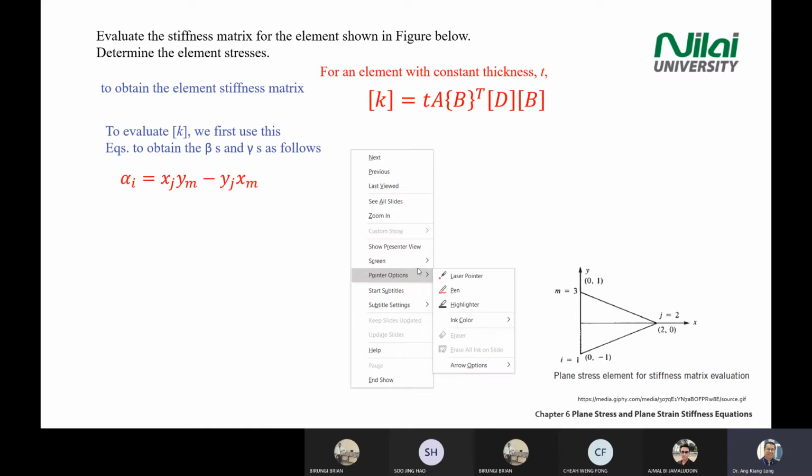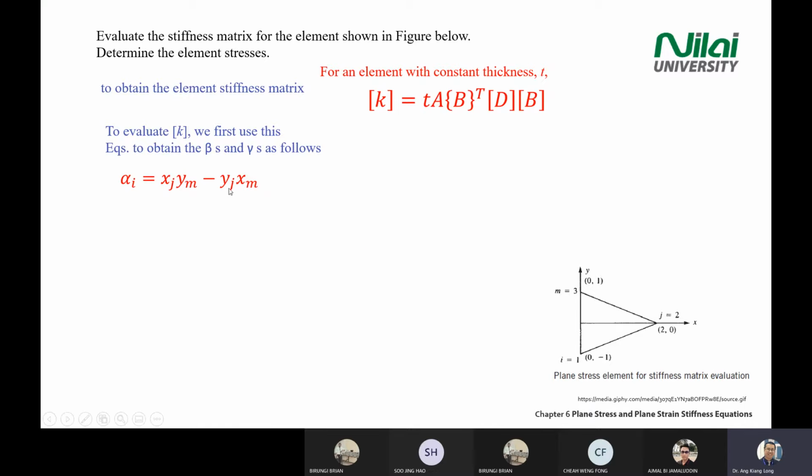So 2 times 1 you get 2. And then yj is the point j y coordinate, 0, and xm is the point m x coordinate, which is 0. So 0 times 0 means 0. And so on. So you calculate alpha i, alpha j, alpha m according to this equation.